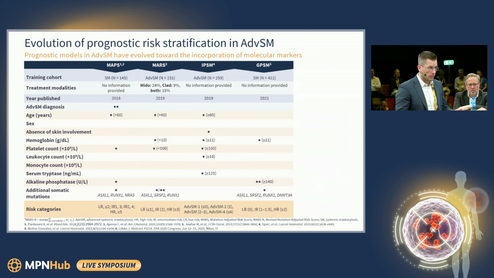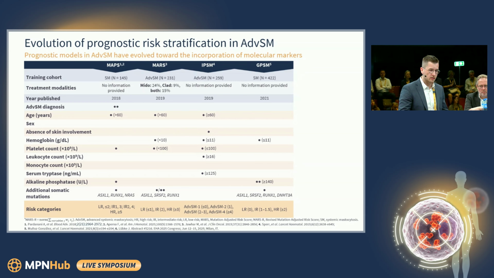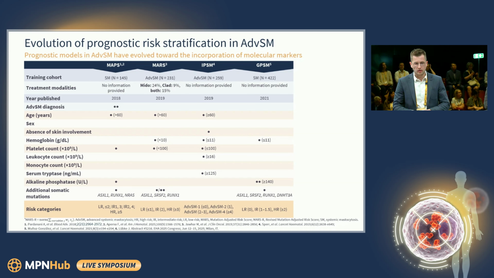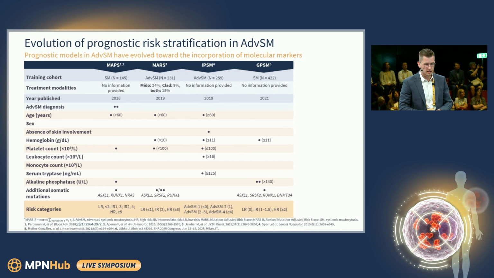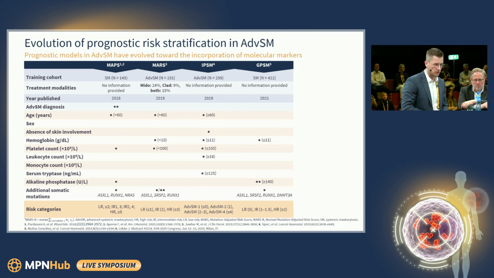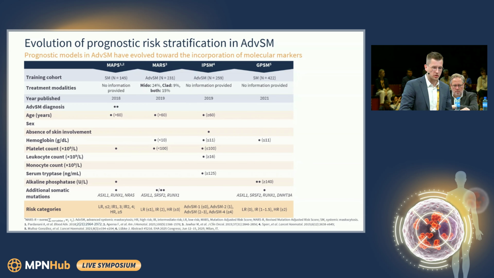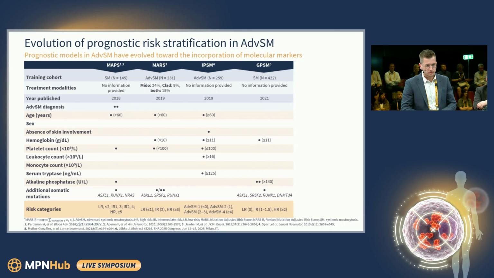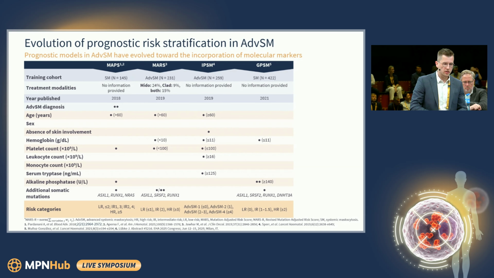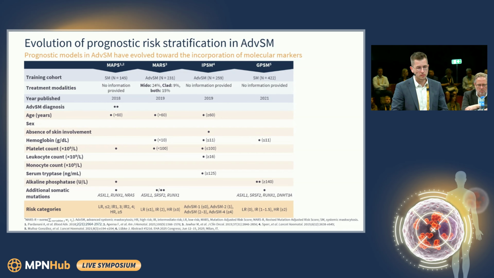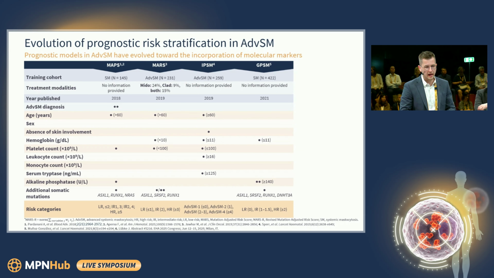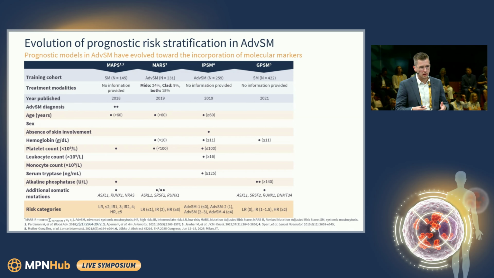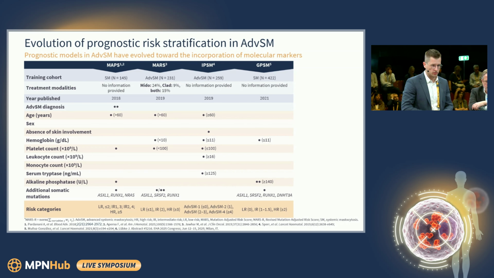What does this now mean for risk stratification? What score should be used nowadays? There are several scores that had already been introduced into the landscape of advanced systemic mastocytosis before even the trials on avapritinib had started. So we have 4 different scores here, and the original mutation-adjusted risk score, the MARS, and the International Prognostic Scoring System for Mastocytosis, the IPSM-AdvSM, are the only 2 scores that were built in an advanced SM-only patient population.